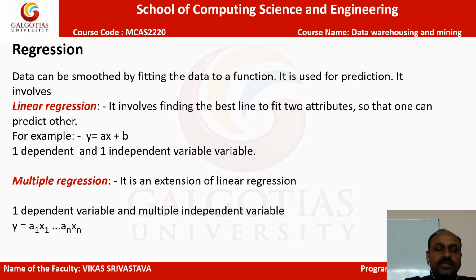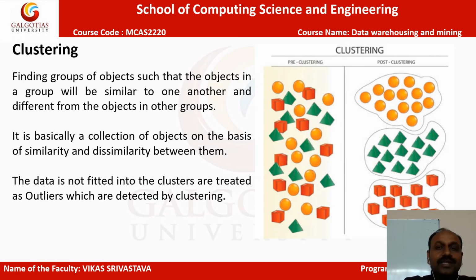Now moving towards another approach, called the clustering scheme. Here you can see that it means finding groups of objects such that the objects in a group will be similar to one another. There are n number of data, but some of the objects have similar attributes, similar types of data sets. So we can make a cluster of those groups.